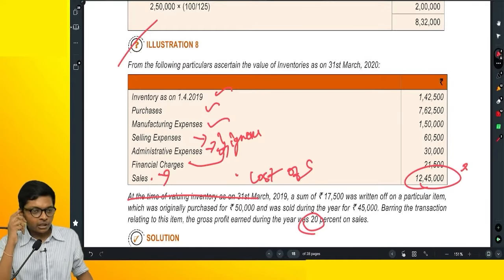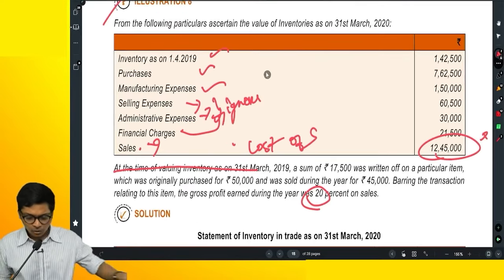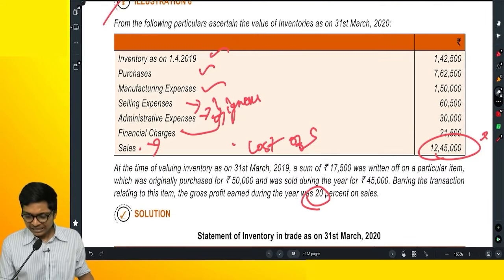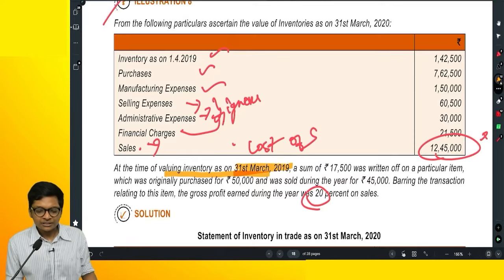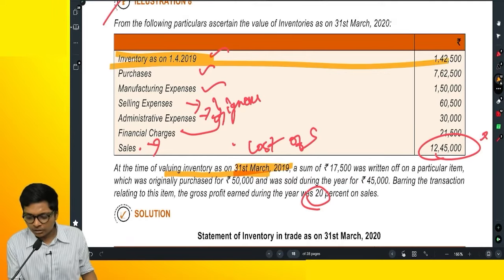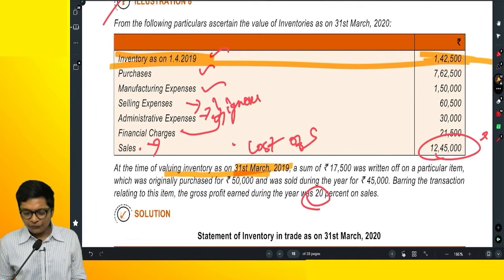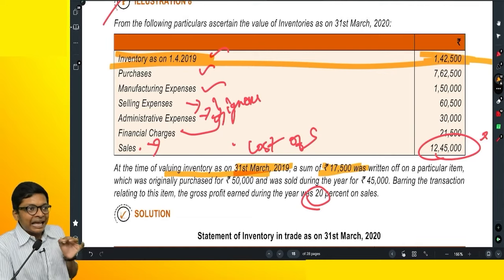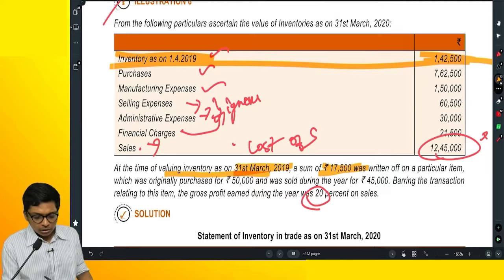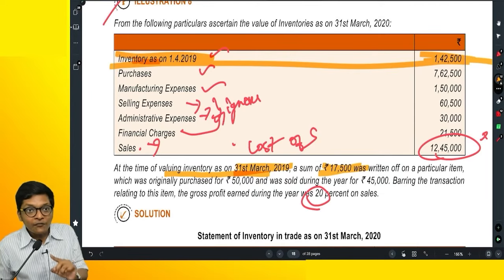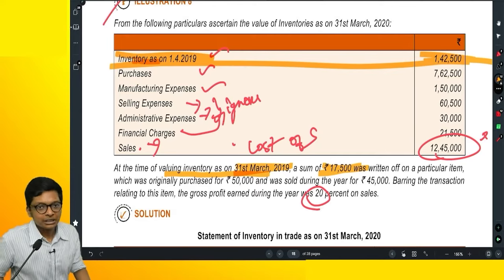In the sum, look at this. The adjustment is what matters. At the time of valuing inventory on 31st March, which is nothing but opening inventory, correct? Opening inventory, a sum of rupees 17,500 was written off on this. That means 1,42,500 is after write off, correct?